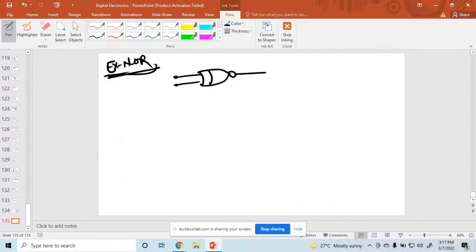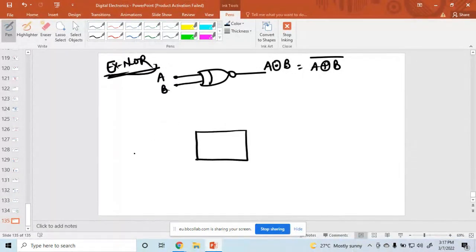So suppose A is input and B is input, then the output is A XNOR B, or simply this value is equal to A XOR B bar. That is called XNOR. So how to design? First we have designed the XOR. I have already designed the XOR.